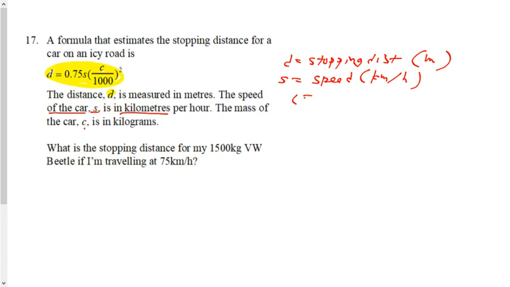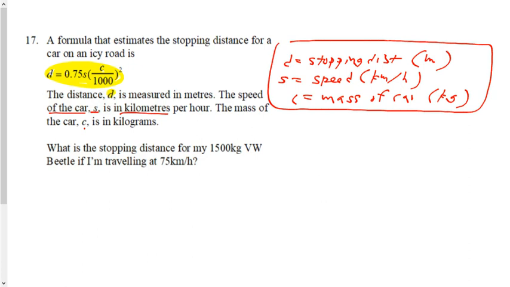So C equals mass of car, and that's in kilograms. Now, it might seem silly to rewrite it this way because you have all the information in here. But I will tell you from experience, rewriting it in a nice little key makes a lot of difference when trying to reconstitute your answer afterwards. So take the time to write this.